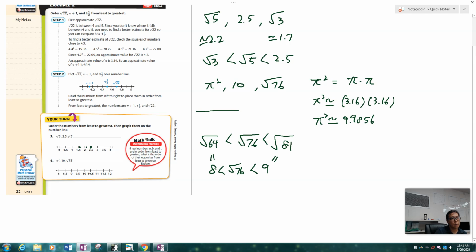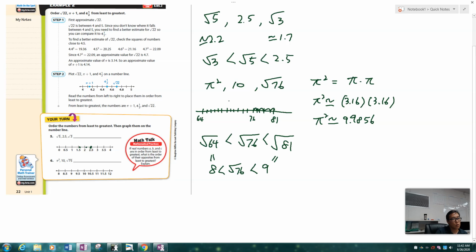Draw the line, starting from 64, 65, 66, 67, 68, 69, 70, 71, 72, 73, 74, 75, 76, 77, 78, 79, 80, 81. So that's the 81. They are 5 units away.